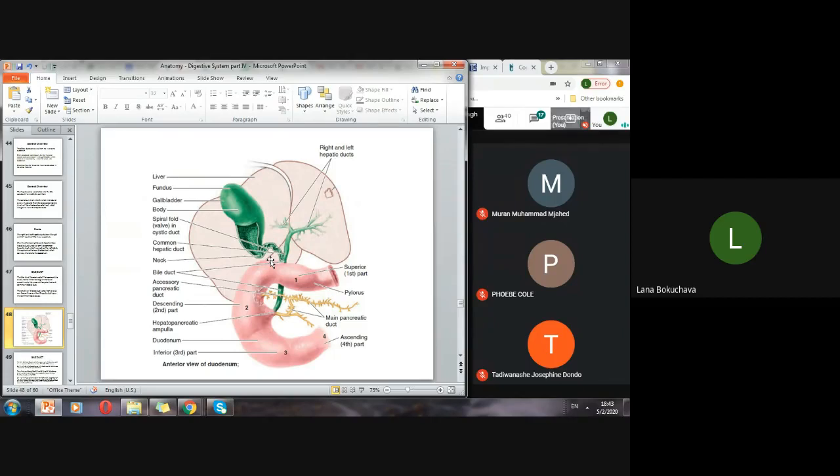Then, as the result, we have the collection of these bile canaliculi into the larger collecting type of bile duct, and then we have the formation of two hepatic ducts, right and left, which are merging and producing the common hepatic duct, which is then next merging with the cystic duct and produces the part of the classical bile duct, which we know, which is emptying into the portion of the duodenum particularly. Okay.